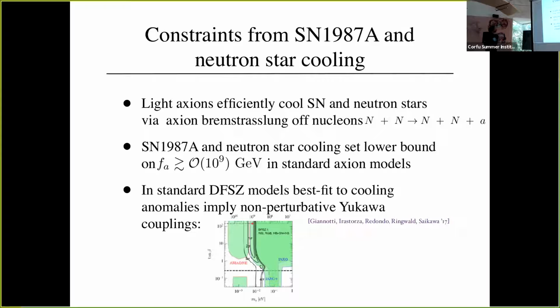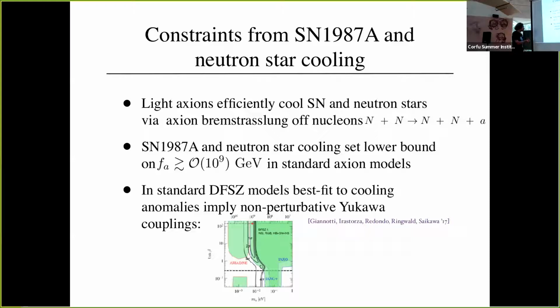So in principle, like in standard DFSZ models, it's almost impossible to explain stellar cooling anomalies. Basically, this is the DFSZ1 model. I'm not sure if it's that visible, but they studied in this paper, so they made the fit to all the stellar cooling hints, including also constraints from supernova and neutron stars. So the best fit is this red dot.